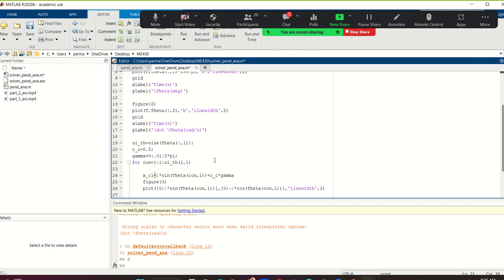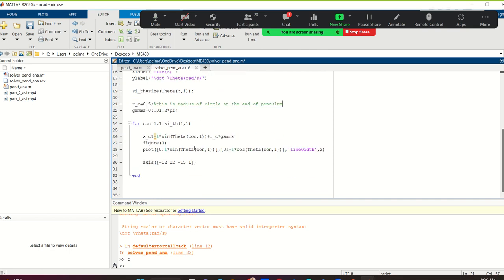See what I've done? Okay, guys. You can comment your code to avoid confusion. I'm gonna do that because I'm gonna share it with you. This is the radius of the circle at the end of the pendulum.